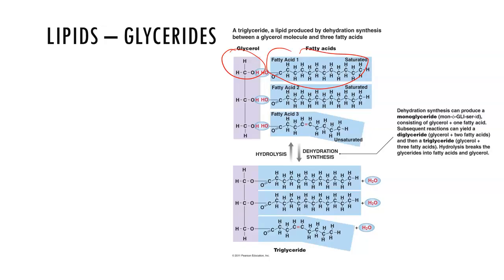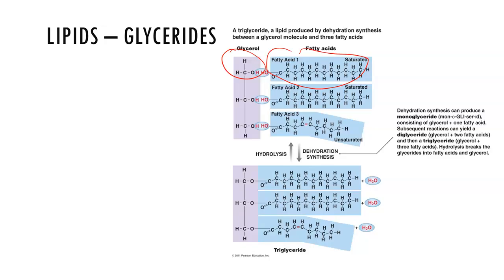We also see glycerides forming insulation in the body. You think about the subcutaneous fat. We see triglycerides there, and so insulation is important, and physical protection as well. The subcutaneous fat, in addition to being an insulative property, also has a protective property.